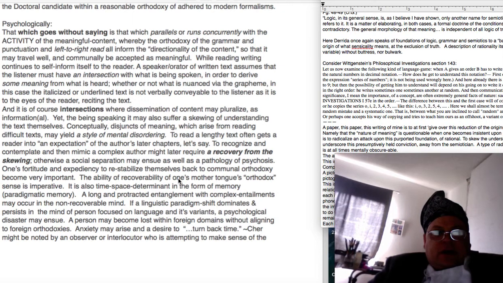so that it may travel well and communally be accepted as meaningful, while writing continues to self-inform itself to the reader.